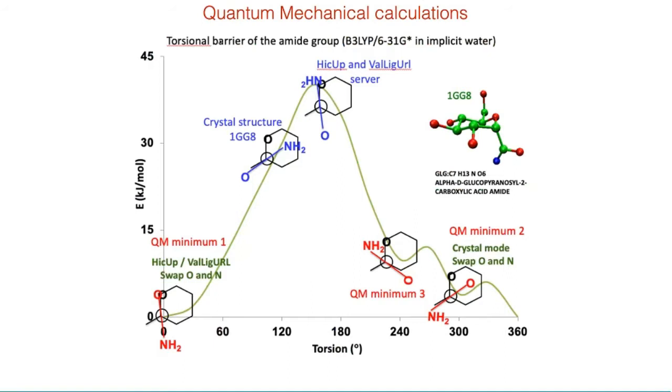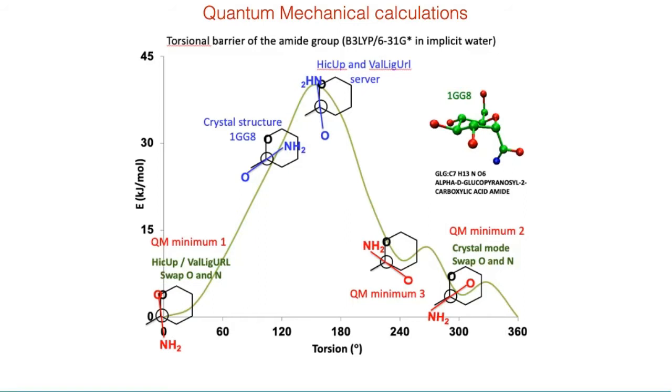Then we took similar compounds from those 50 crystal structures and tried to see where those structures fit. When we took the structure out of the 1GG8 crystal structure, it was sitting quite high up in energy on the potential energy diagram here.